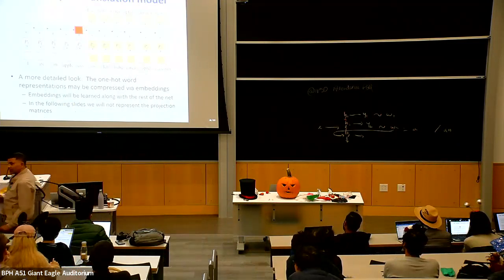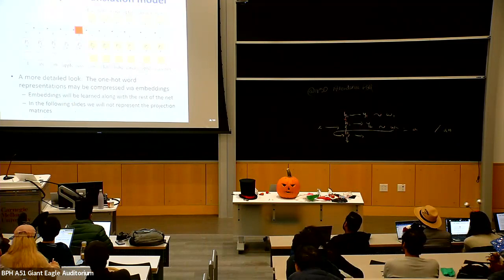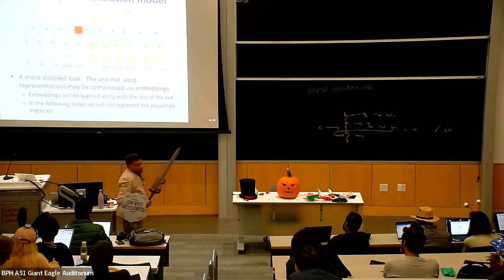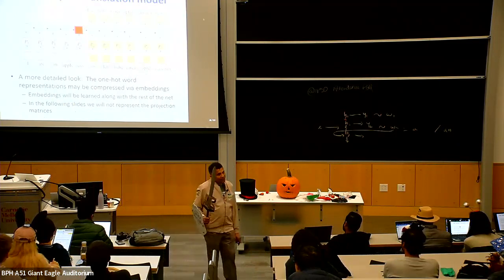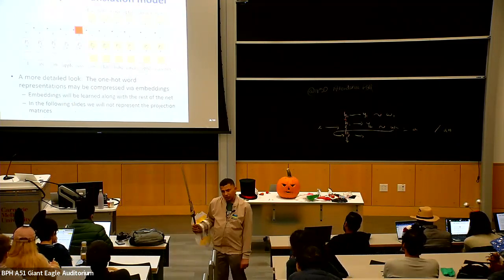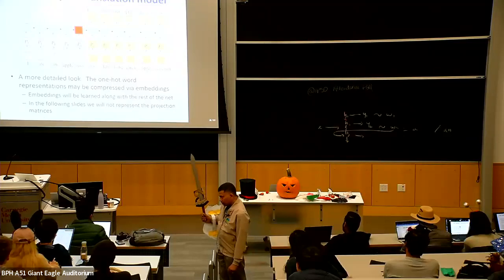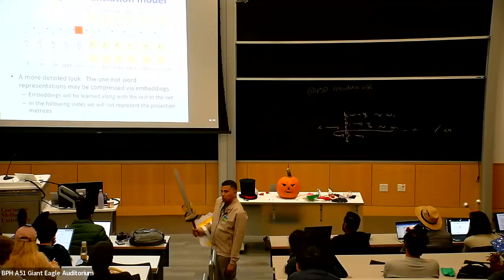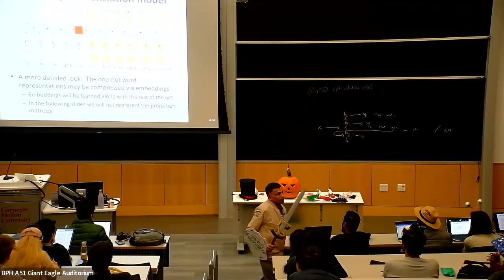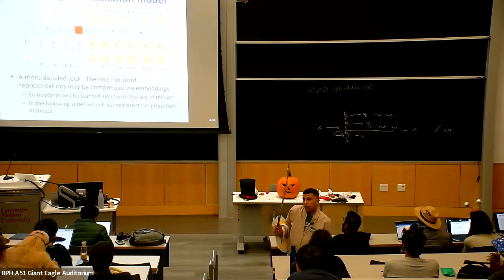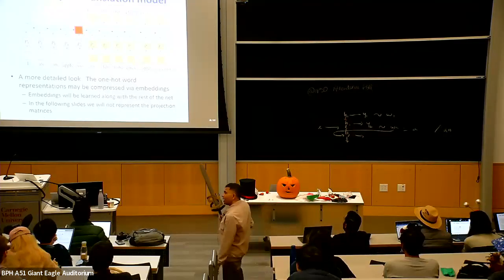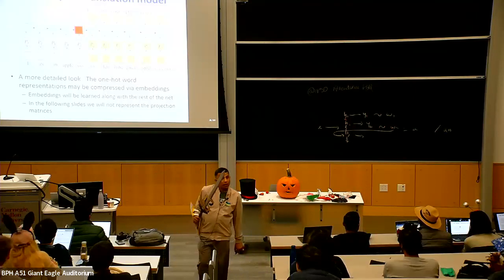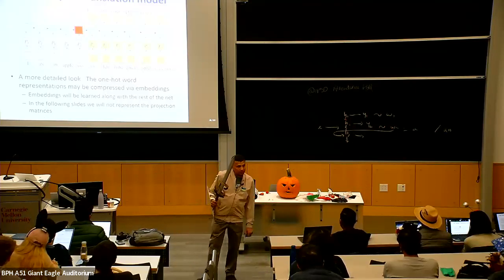So very likely the projection matrices are going to be very different for the two. The one-hot representations are going to be very different for the two. You may have different projection matrices on both sides and any kind of combination, right? But we won't focus on that too much. The point to note is that anytime I draw a picture with a word going in, you must immediately assume that that word is being projected down to its embedding through some kind of a projection matrix, okay?